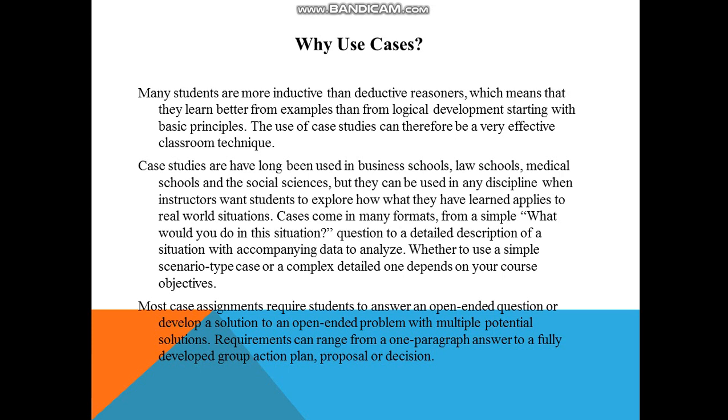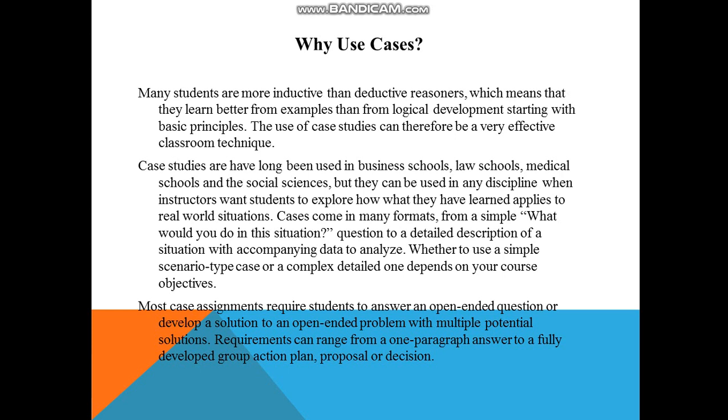Indeed, a survey of faculty and students at Harvard Business School found that what engages students most is examples placing the students in the greatest position, which would be a much more effective learning experience. So, many students are more inductive than deductive reasoners, which means that they learn better from examples than from logical development starting with basic principles. The use of case studies can therefore be a very effective classroom technique.